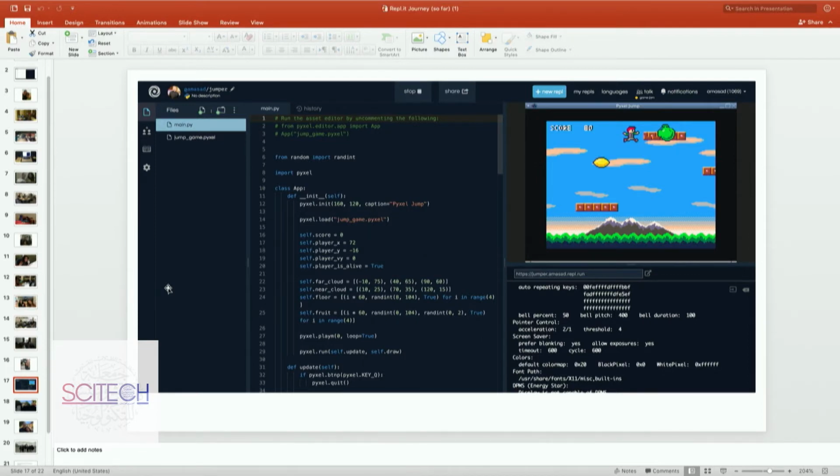I think what makes it really special is that in traditional development environments, you have to spend a lot of time setting up before you build any big project. And the bigger the project, the more time you have to spend architecting it and making decisions. With Repl.it, you can take an incremental approach.